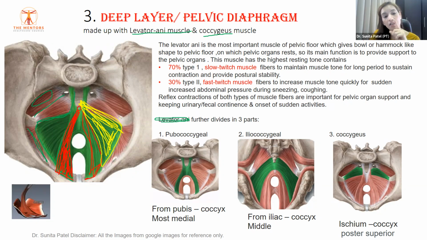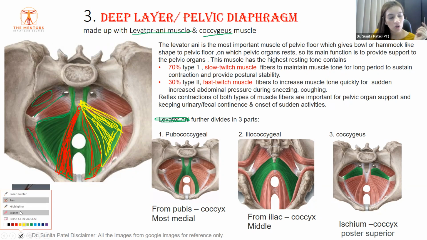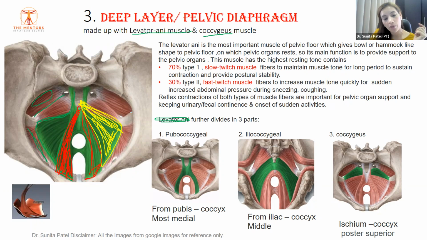Now the third muscle of the deeper layer is the ischiocavernosus. That muscle is going to originate from the ischial spine. So this is the ischial spine, and the origin is from there. And this is going to insert into the sacrum part, around the sacrum, and even some part around the coccyx, but mostly into the sacrum.